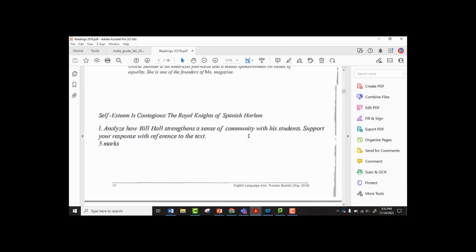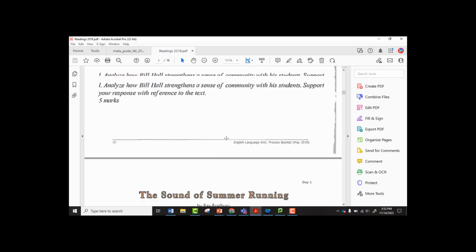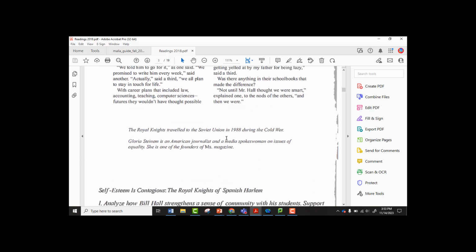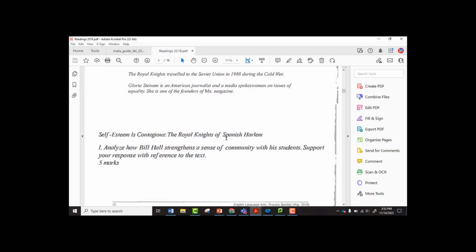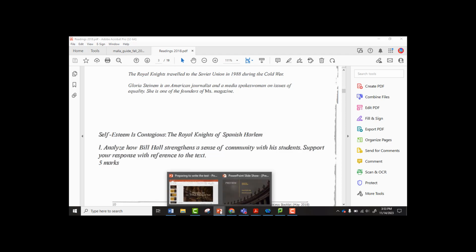You can argue he doesn't or he does, and then you're going to show us how, that keyword how, and then support your answer with reference to the text. So on Learn, I've posted some of these examples, so take a look at those so that you can practice, right?